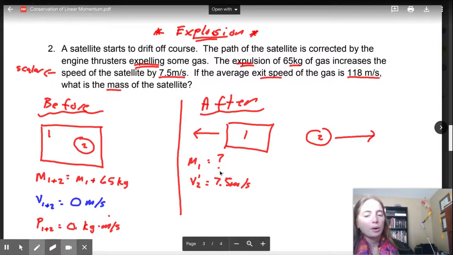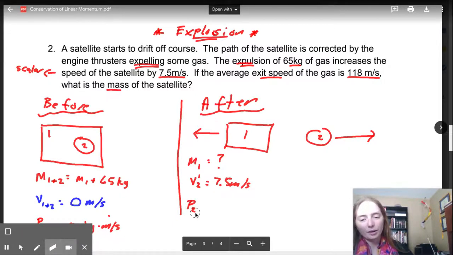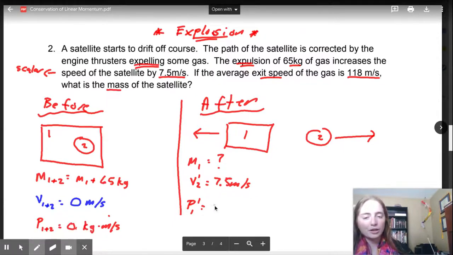So P1 prime is going to equal, well, we don't know the value of M1, but it's going to be 7.5 M1. It's the best we can do. We're going to calculate it later. That's okay.